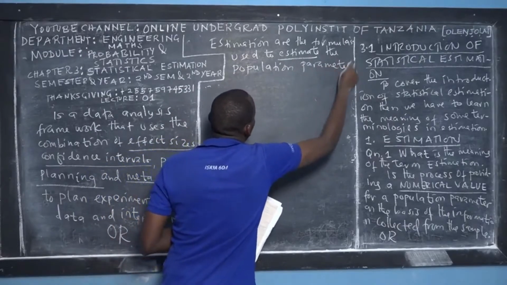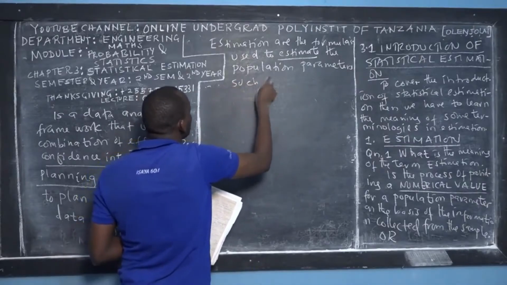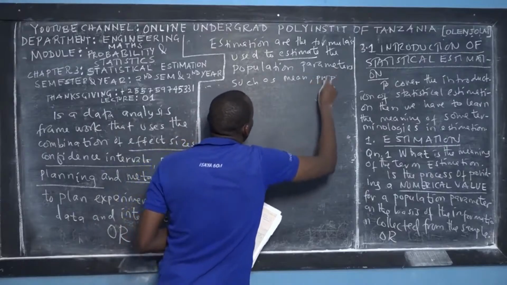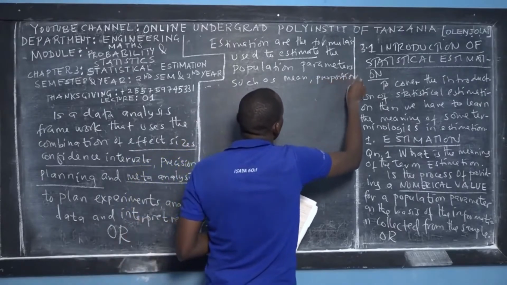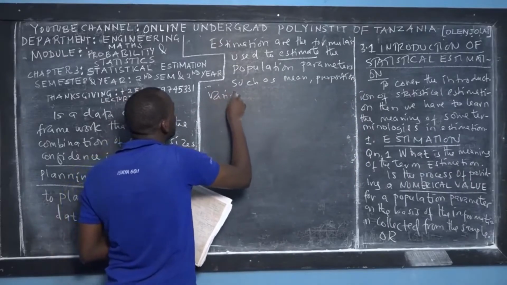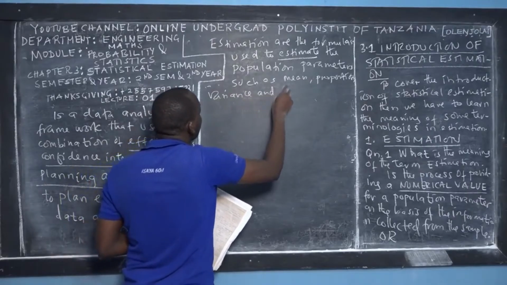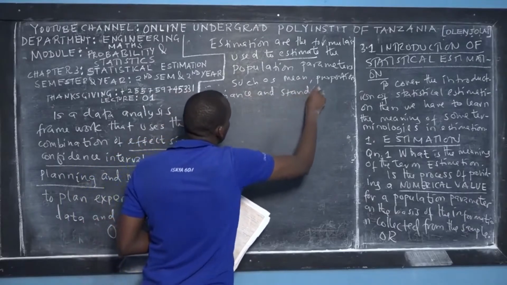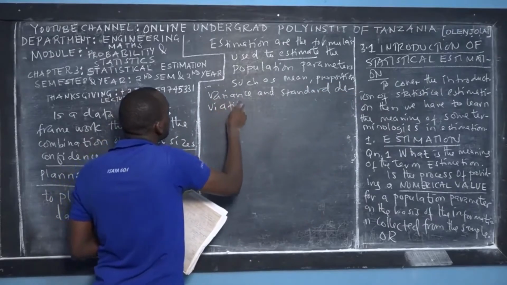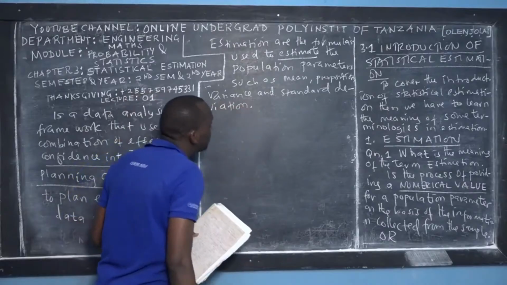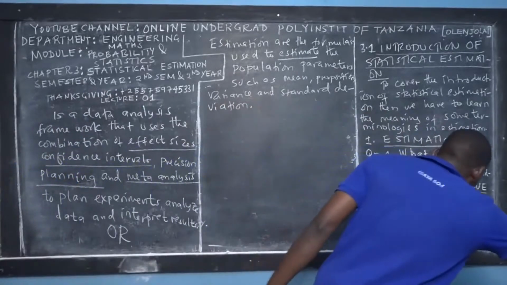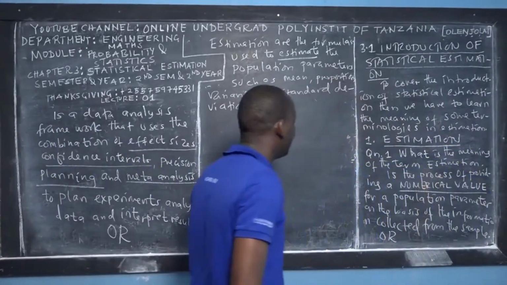Population parameters, such as mean, proportion, we'll be learning all of this, variance, and the standard deviation. Standard deviation is the chorus of our song. Let me explain in brief the meanings of these words in this definition.